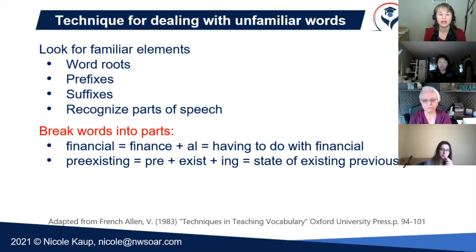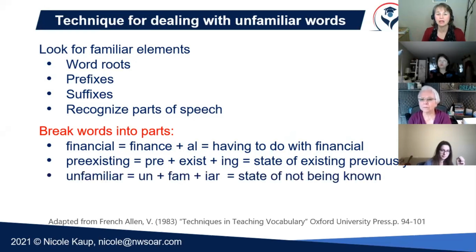So in this word, the ing ending is actually an adjective ending. It means the state or the quality. And then we have pre is previous or before, and then exist obviously is being. So pre-existing means the state of existing previously. And it's usually in reference to healthcare type things, right? Have you had this disease or this problem previously?